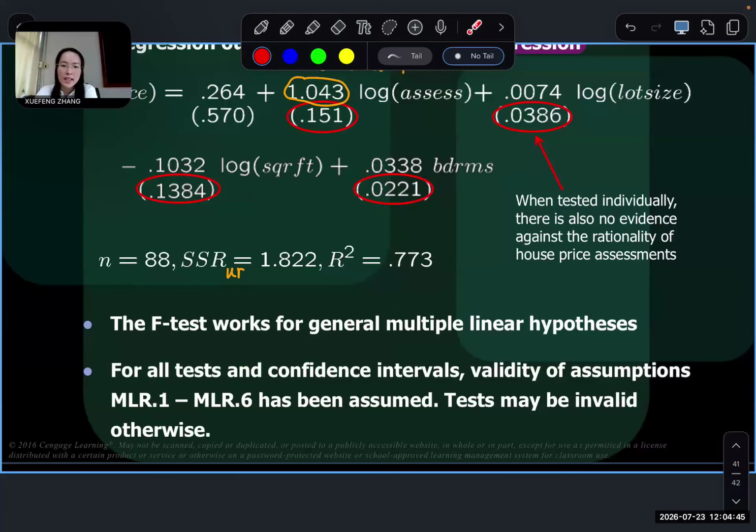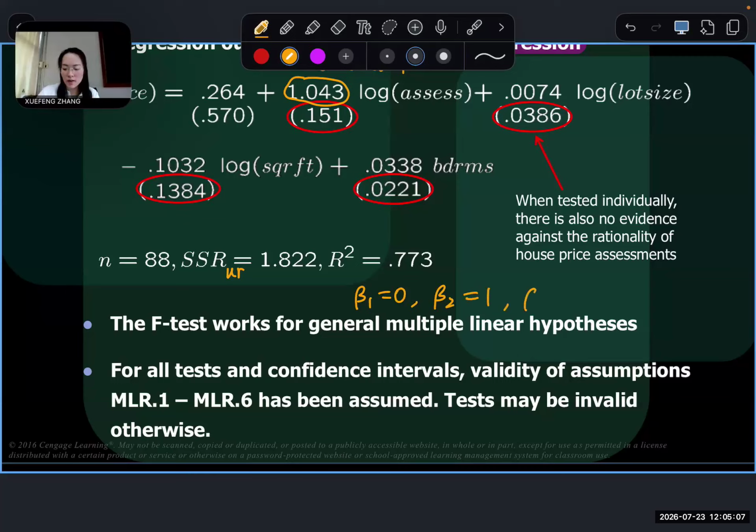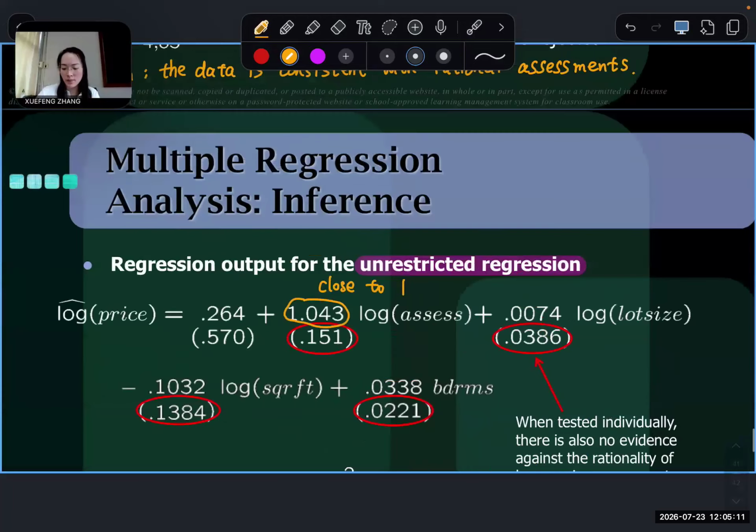Okay, two closing points for this chapter. The first one, the F-test works for general multiple linear hypotheses. Whatever you have, let's see, beta 1 equals 0 and beta 2 equal 1, and then beta 3 equal beta 4 equals 0.